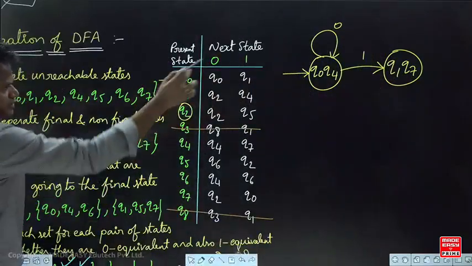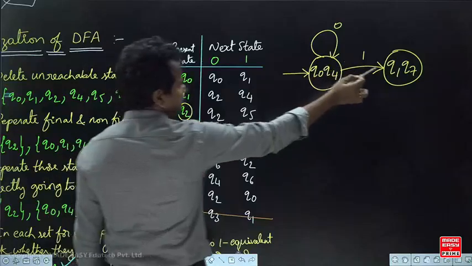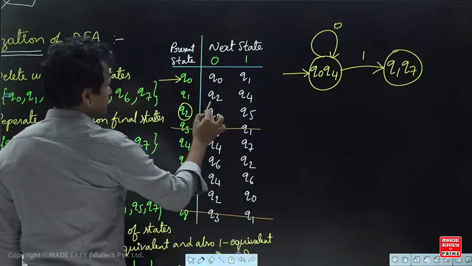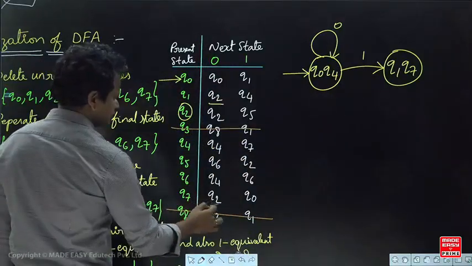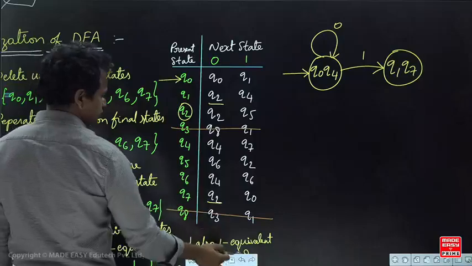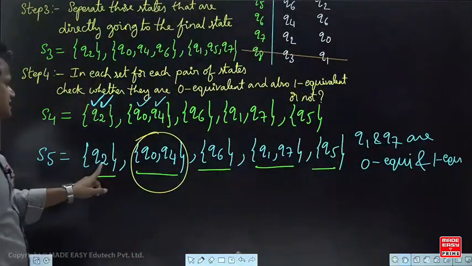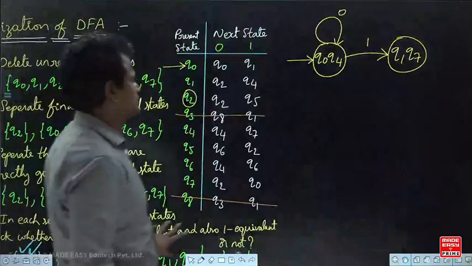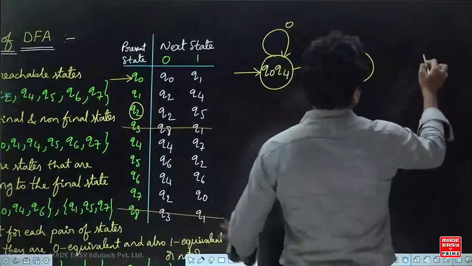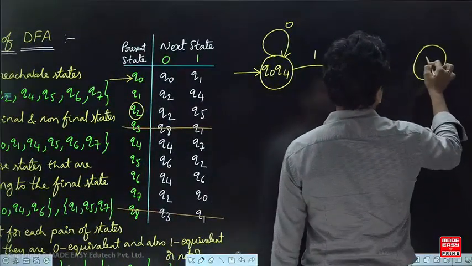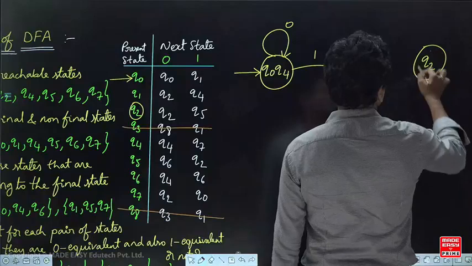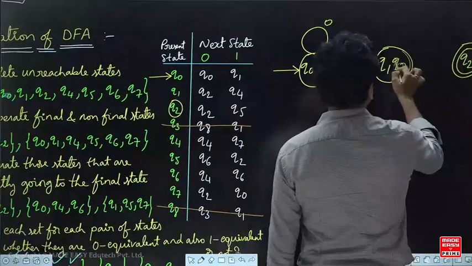Okay, now Q1, Q7. Q1 on 0, Q2. Q7 on 0, Q2. The combination is Q2 and Q2, which is a single state. So Q1, Q7 on 0 goes to Q2, and Q2 is a final state.